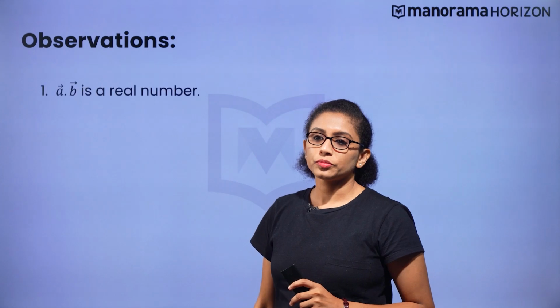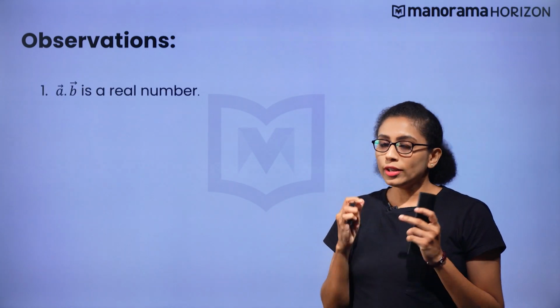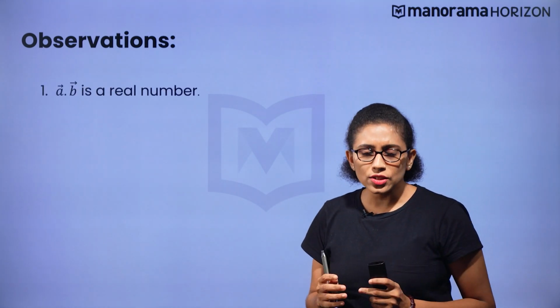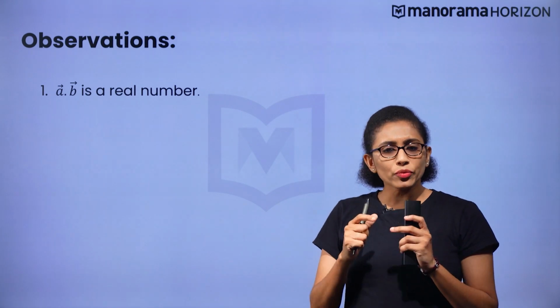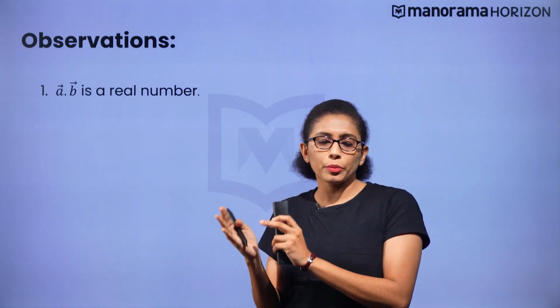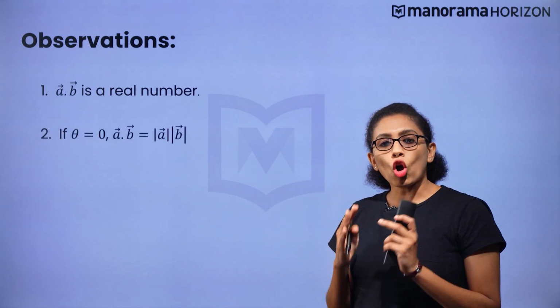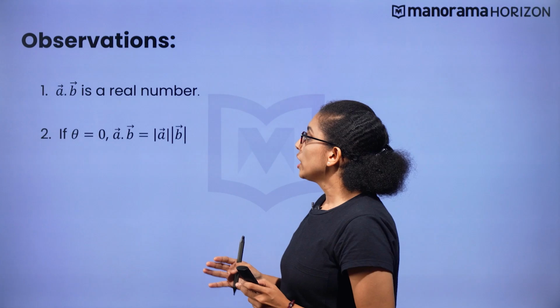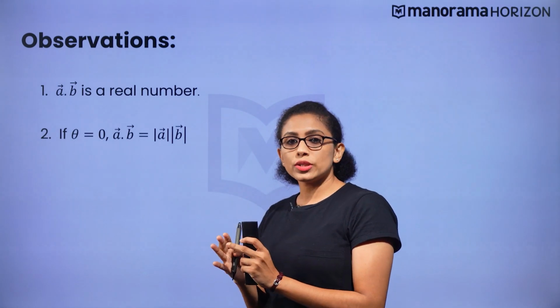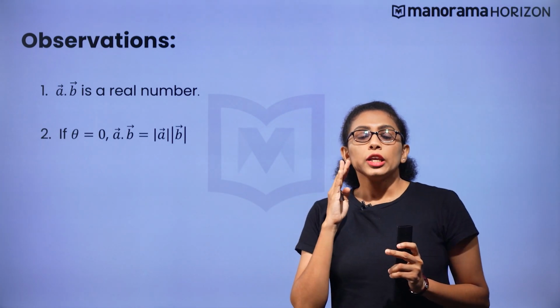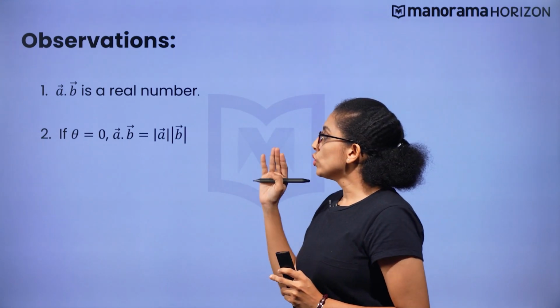Now, let us see certain observations one must keep in mind when it comes to the dot product. First one, on taking the dot product of two vectors, we get a scalar result. That means we get a simple number instead of a number and a direction. Second, the dot product of two vectors is the product of the magnitudes if theta is equal to 0.